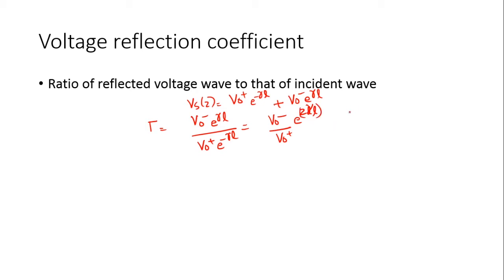And from the last derivation, we know the equations for V0 minus and V0 plus. You can directly substitute here.